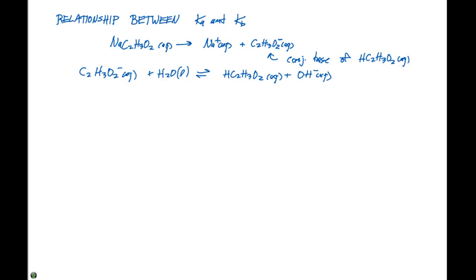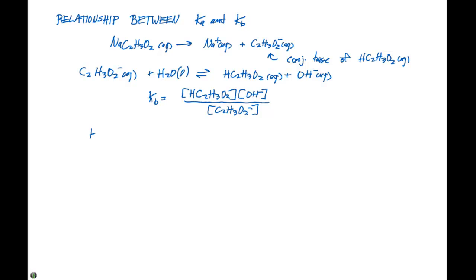Remember, it's a conjugate base, so it's going to produce OH- ions in solution. So I can write a Kb expression for this of HC2H3O2 times OH- divided by the concentration of C2H3O2-. So here's our Kb expression.